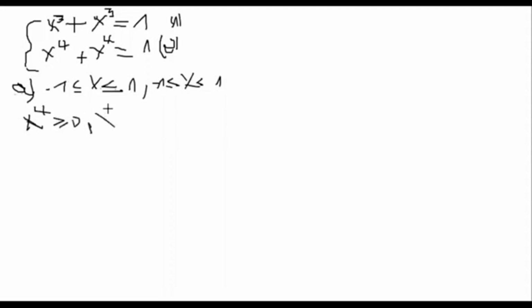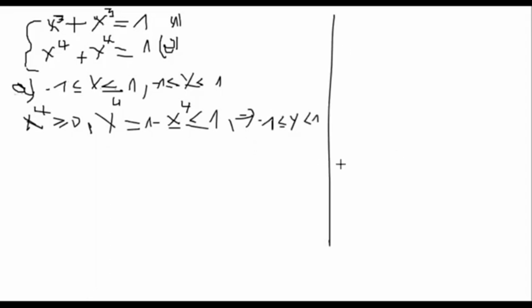It means that y to the power 4, which is equal to 1 minus x to the power 4, is at most 1. That is because x to the power 4 is non-negative. Then we have that y is between -1 and 1. So that's the first double inequality, and similarly we have x between -1 and 1.